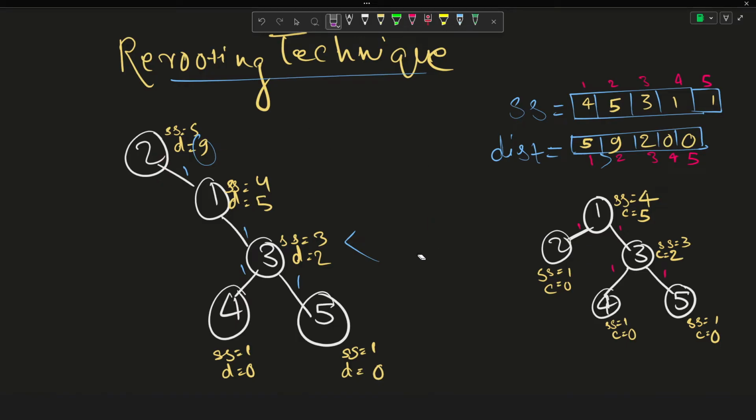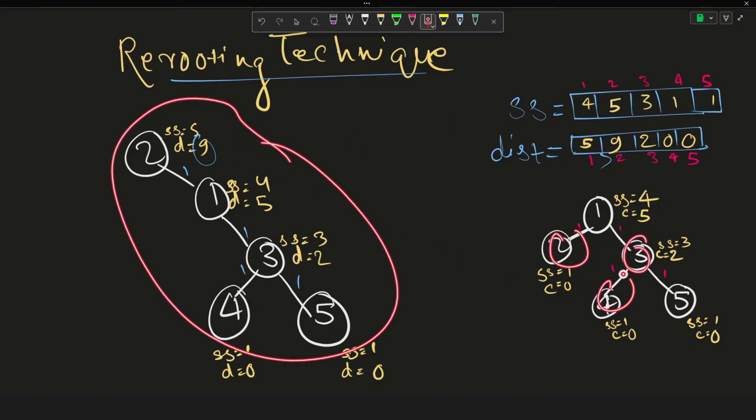And in a very similar way, as we did for 2 by coming from 1, we will do the same for 3, then 4, then 5, and every time we visit a child we will get exactly the array we need for the current tree for each one of these children.